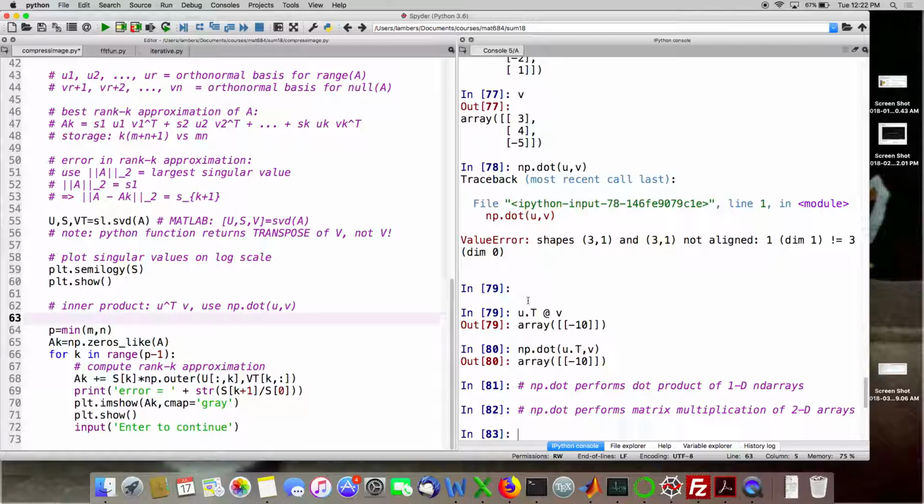So that's why dot of U and V works if they're one-dimensional arrays, but if they're two-dimensional arrays of the same dimension, like both row vectors or both column vectors, you must transpose them to use with dot. Okay. All right. So that's the inner product.